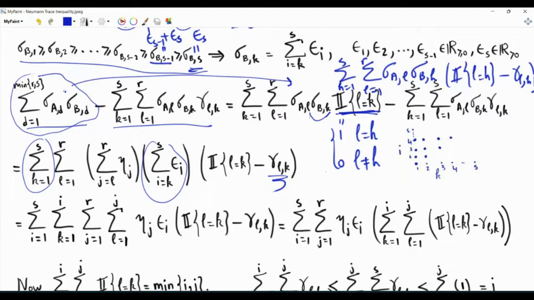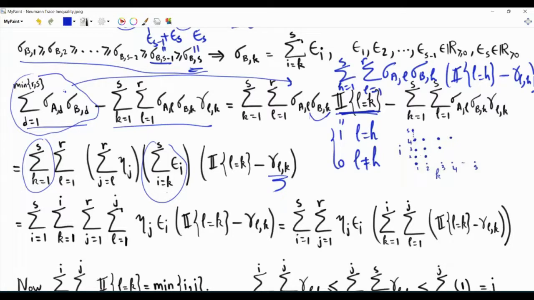So the sum here, the outer sum is K. If you fix K, then you take I from K to S. So if K is 1, I goes from 1 to S. If K is 2, then I goes from 2 to S. If K is 3, then I goes from 3 to S, and so on.